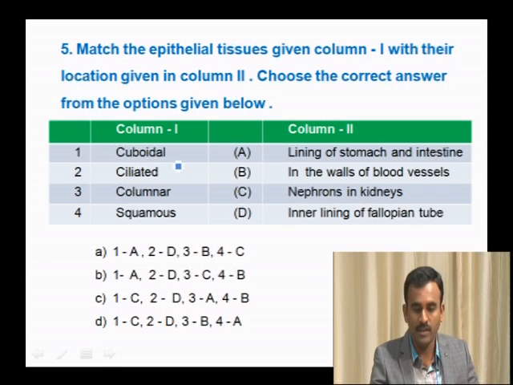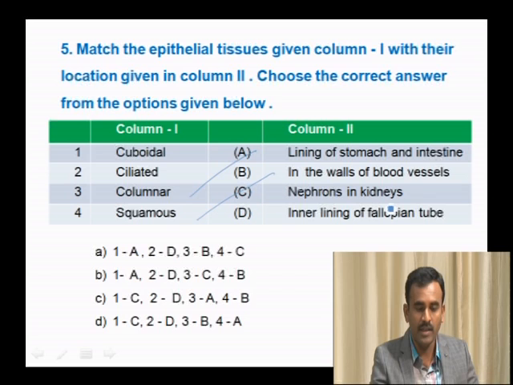Cuboidal epithelial cells associated with lining of stomach and intestine? No. In the lining of stomach and intestine, columnar epithelial cells are present. In the walls of the blood vessel, squamous epithelial cells are present.